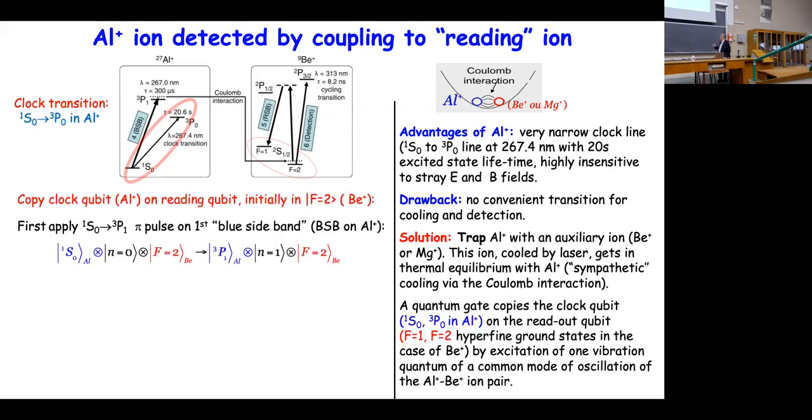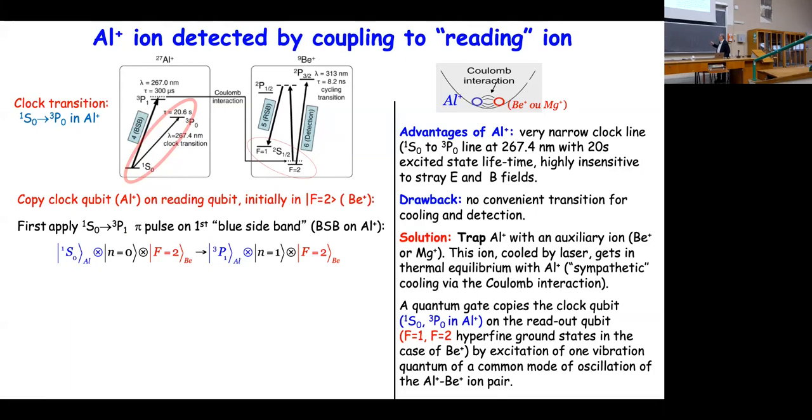So you see that you copy the clock qubit, this state 1s0, you copy it on a vibration quantum. You start from 1s0, 0 vibration quantum, and you go to the excited state plus 1 vibration quantum. And the second ion, which has been prepared in F equal 2, stays there because it is not excited.